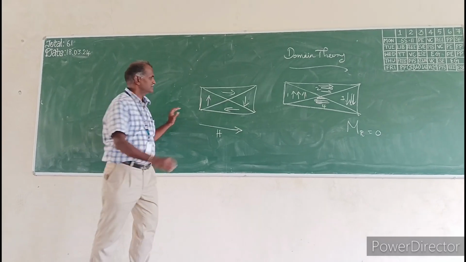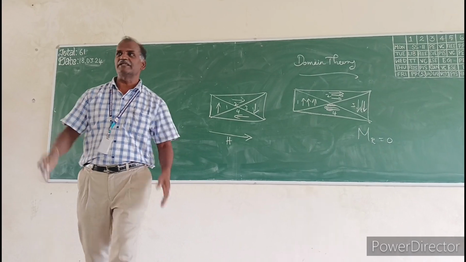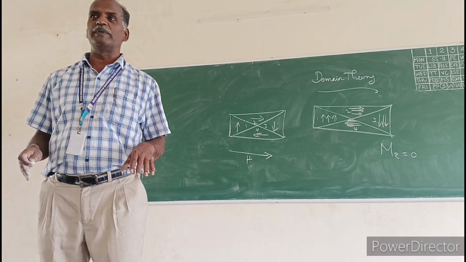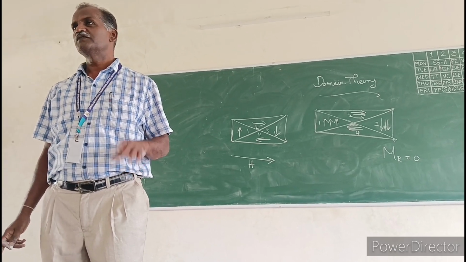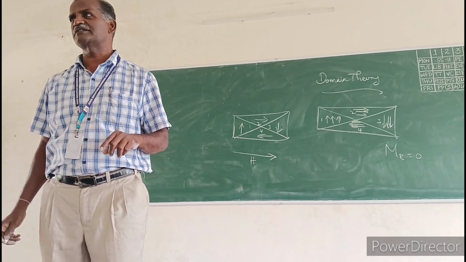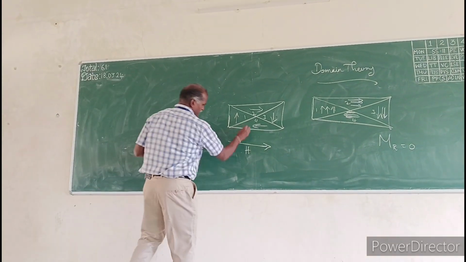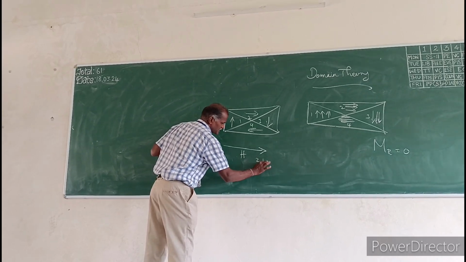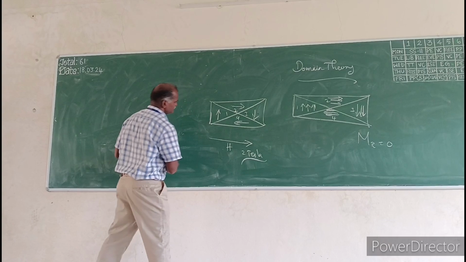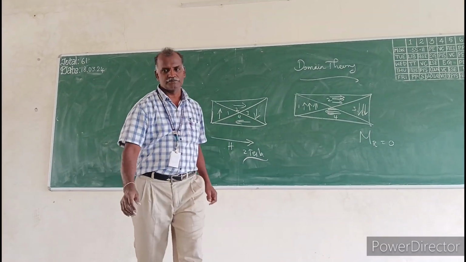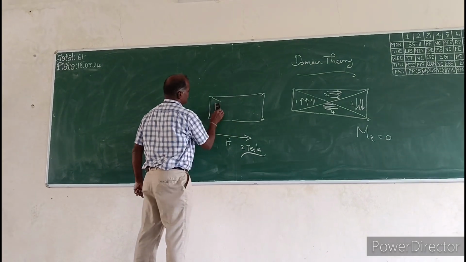The second domain will increase its area by capturing the domain which is opposite to the external magnetic field direction. Which domain is opposite to the external field direction? 4. So, when a magnetic field of, say, 2 Tesla is applied, the dimensions of the domain will change like this.